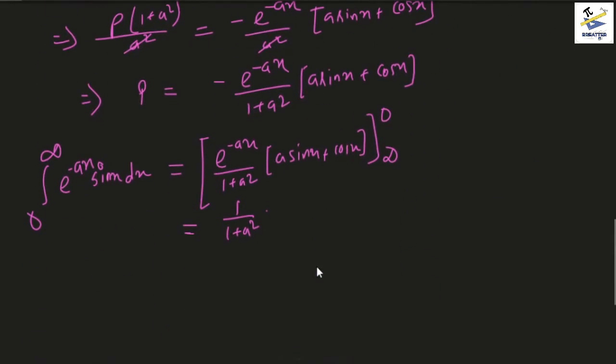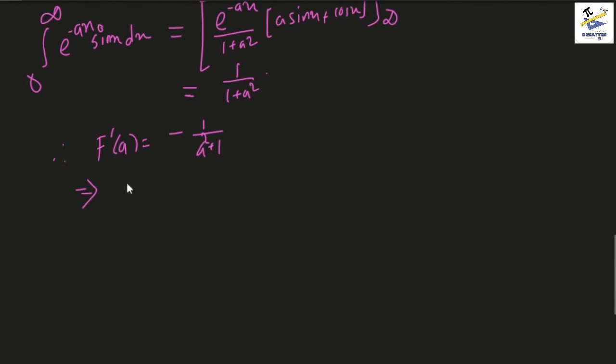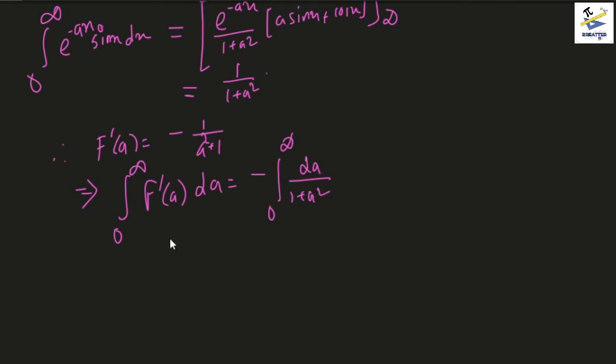This is basically the answer, and therefore f dash a should be equal to minus 1 by a square plus 1, right? Now we can integrate it back to the following form, where we have integration from 0 to infinity f dash a dA equals to minus 0 to infinity dA by 1 plus a square.